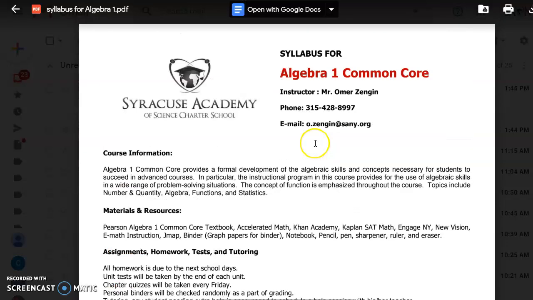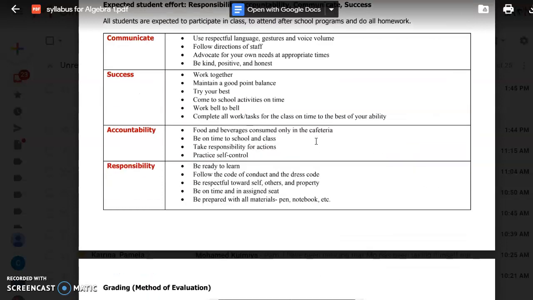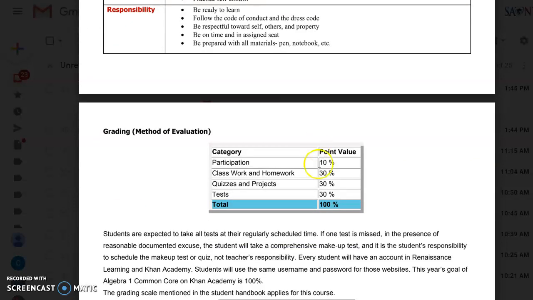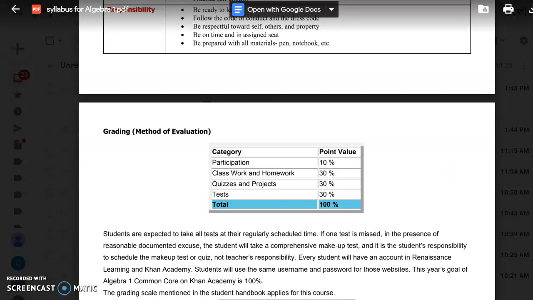Here, I asked Mr. Zhang, the Algebra 1 teacher, to share his syllabus. You receive a syllabus from every single teacher at the beginning of the year, and a lot of you may remember this is pretty much the first homework that you do. You get it, you sign it, you make your parents sign it, and then bring it back to your teacher, right? So everyone is pretty much familiar with what the syllabus is.